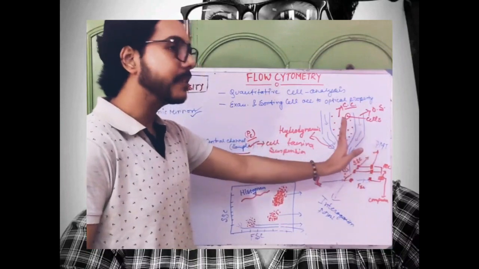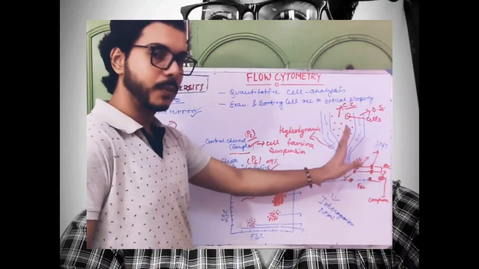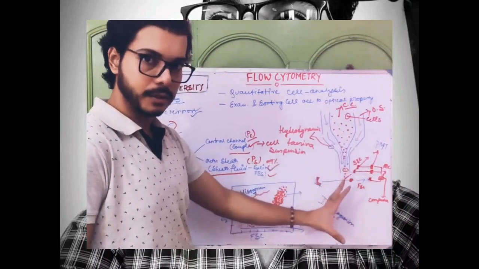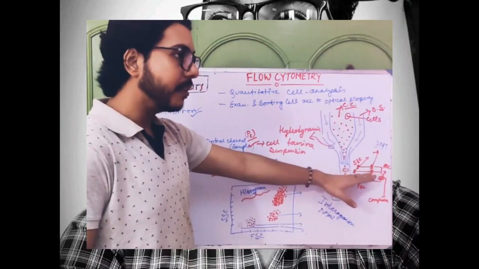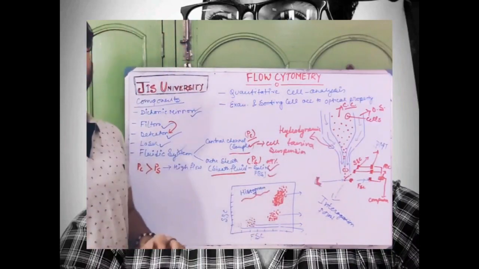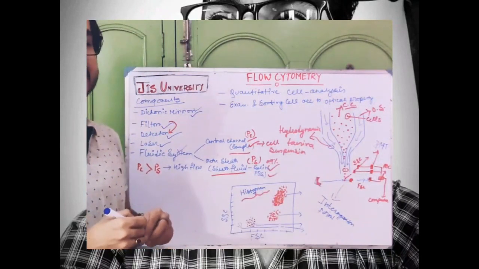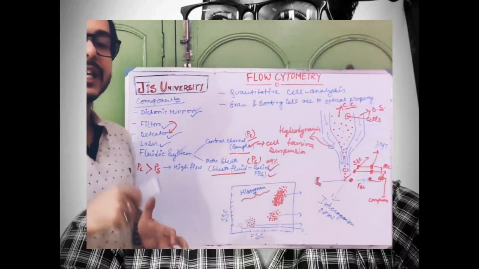The higher angle scattered light is called SSC, because it scatters in a wide range. So if the scattered light has a high angle near 90 degrees, then you can be assured that that particular cell has a very complex structure inside it.